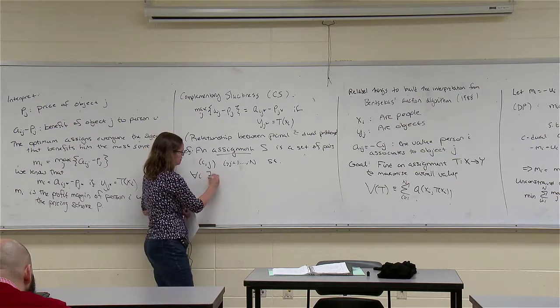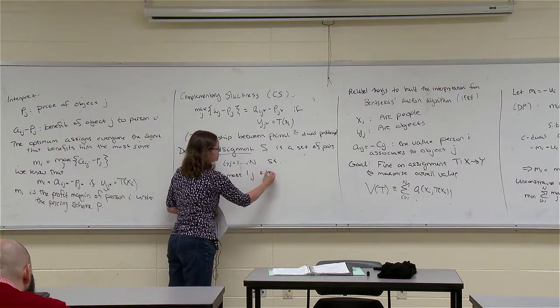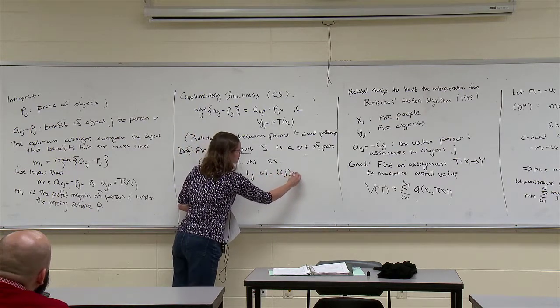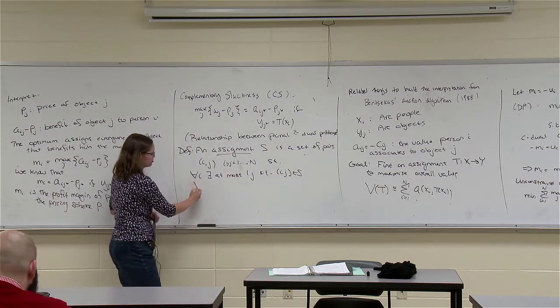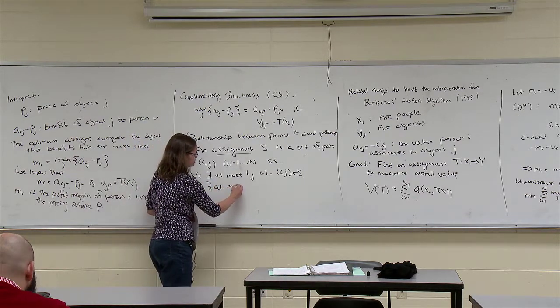So there exists at most one j such that (i,j) is in S. And similarly, for each object, at most one person gets assigned.